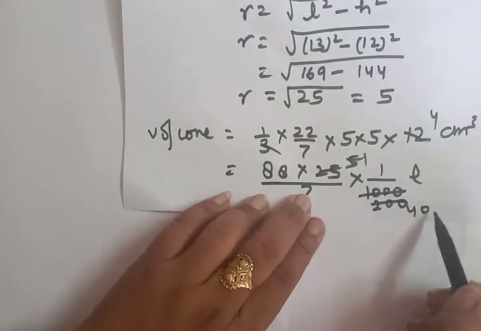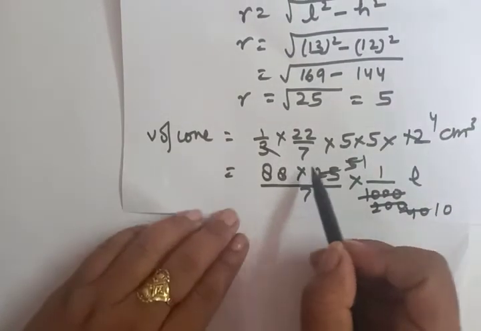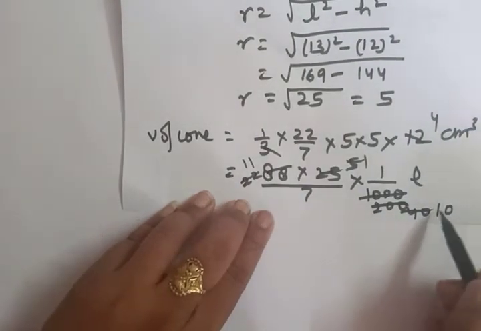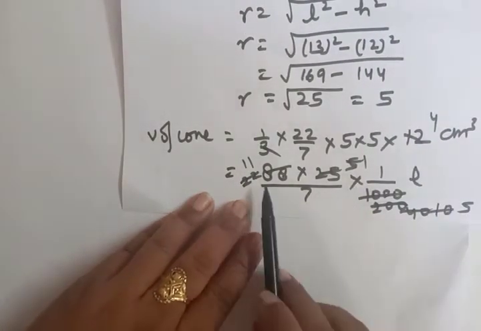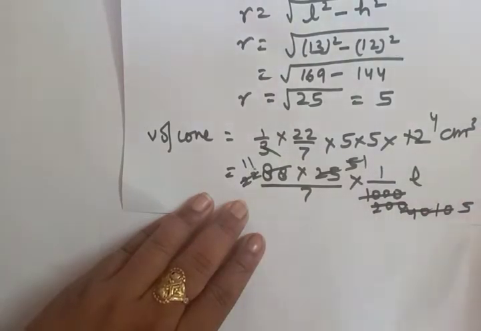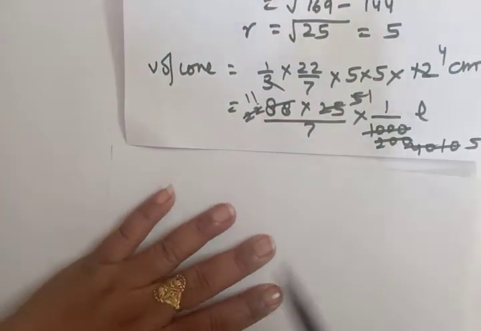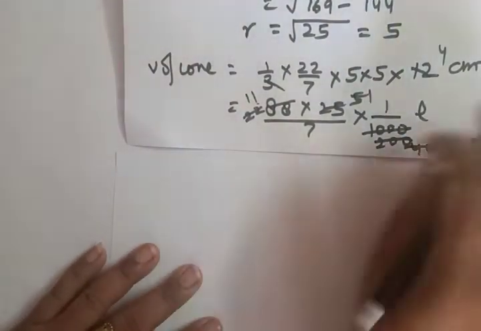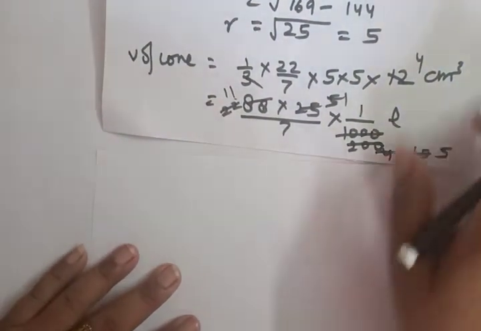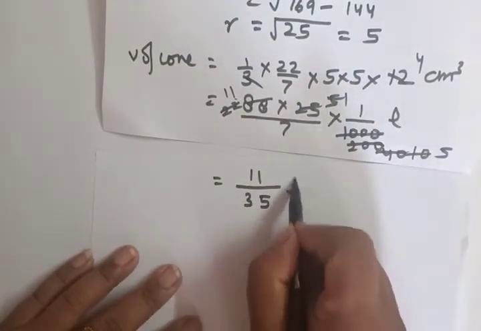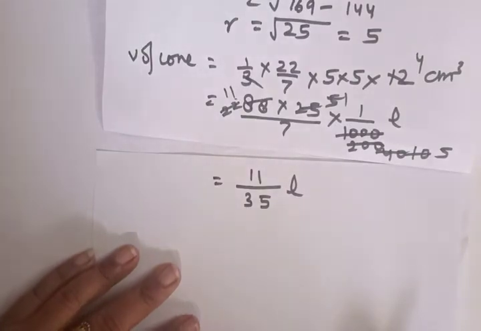Again 4 10s is 40, and 4 22s is 88, and we can cancel 2 11s, and this is 5s. So you can see 11 upon 35. So we are left with 11/35 liters. Yes, clear?